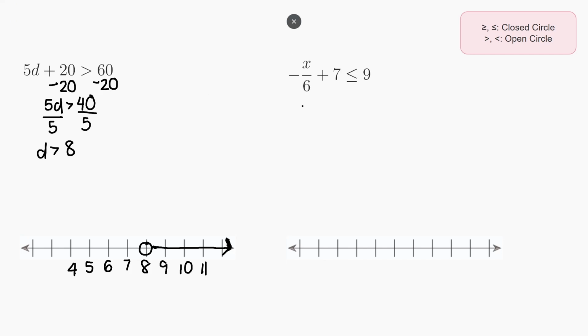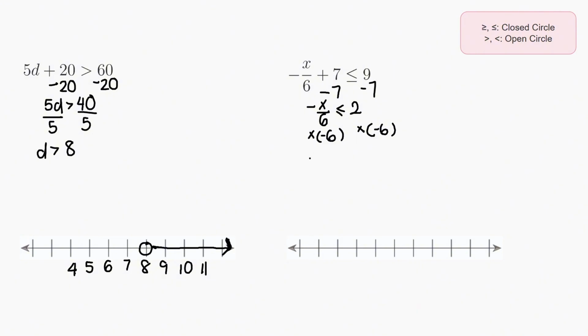Now, in this question we have negative x divided by 6 plus 7 is less than or equal to 9. We're going to do the same thing, and we're going to subtract both sides by 7. We're going to get negative x divided by 6 is less than or equal to 2. Now, let's multiply both sides by negative 6 to cancel out the division here.